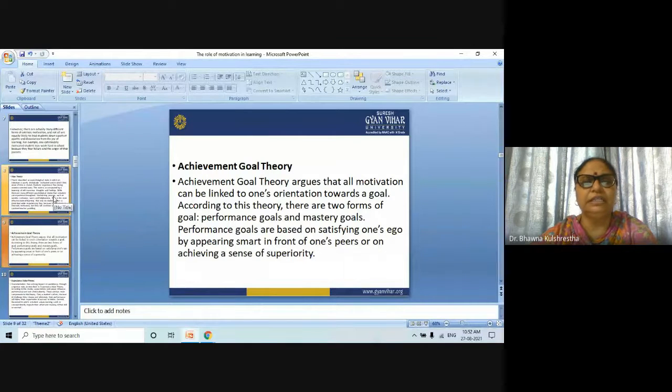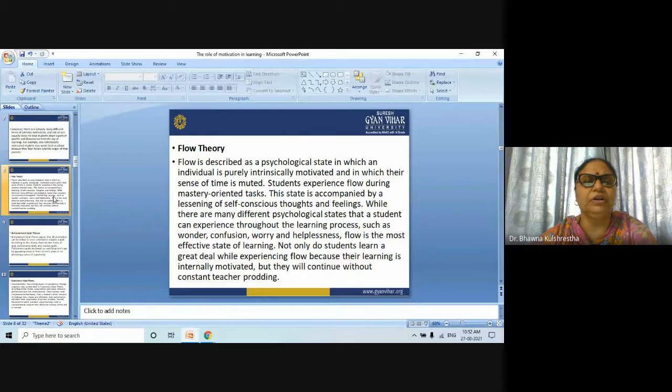The next is flow theory. Flow is described as a psychological state in which an individual is purely intrinsically motivated and in which their sense of time is muted. Students experience flow during mastery-oriented tasks. This state is accompanied by a lessening of self-conscious thoughts and feelings.